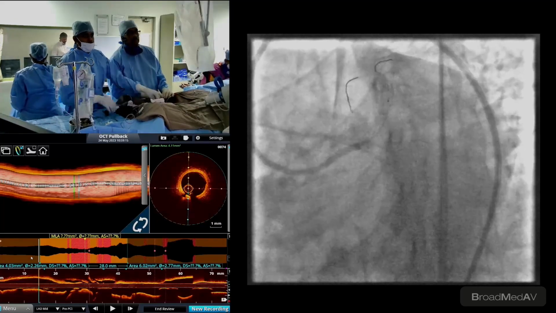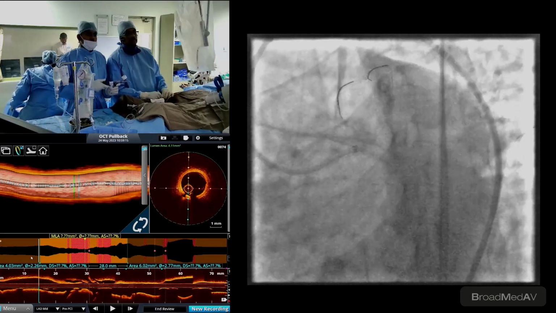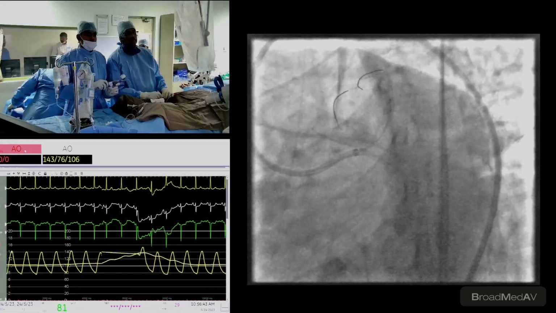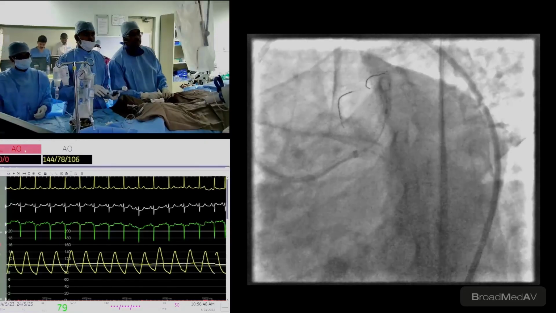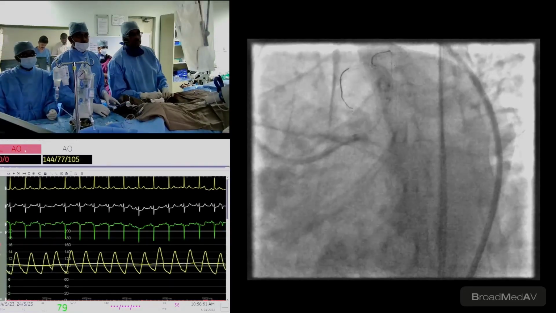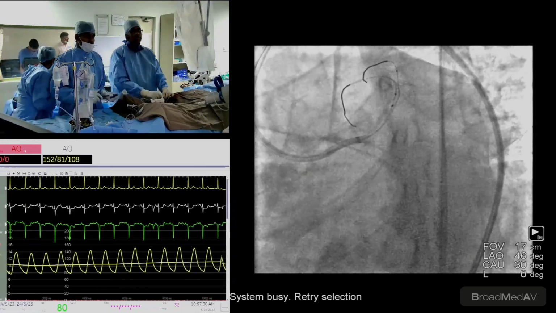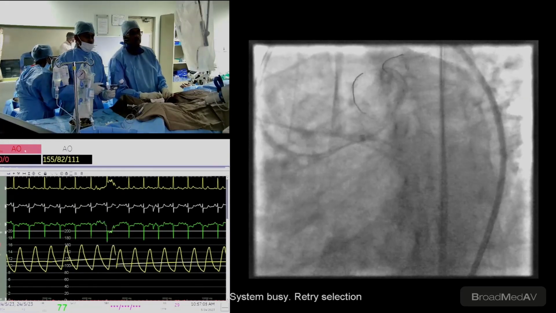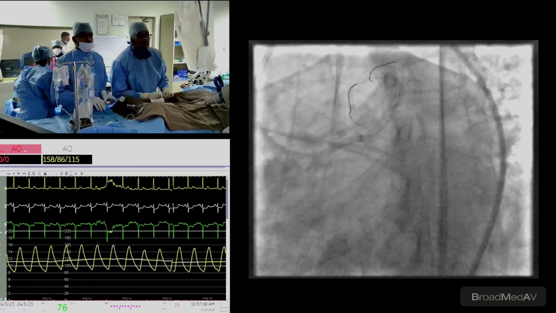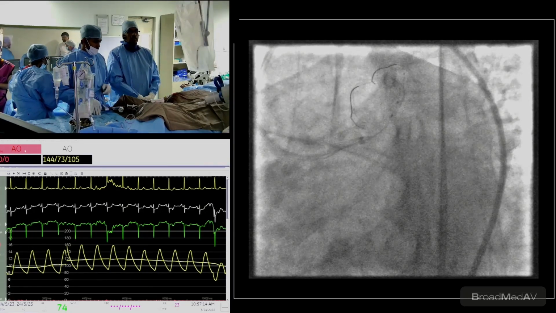Go up there. Yes, please. Go. 12, 13, 14. So we're going to do a stent boost, please. Same view, stent boost. Okay, go up there. 14. Deflate. Can you do a stent boost in this view or the RAO caudal?